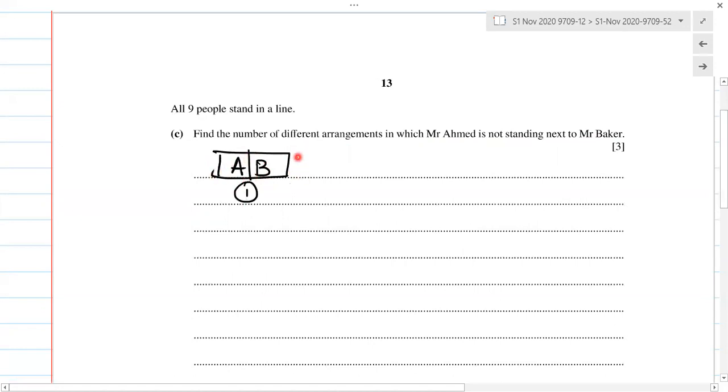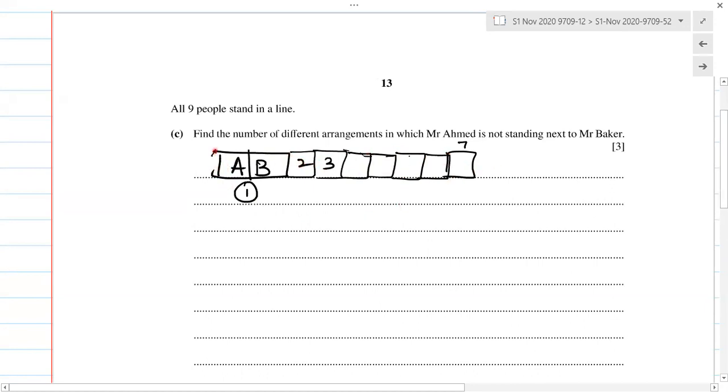So that's 1. Now, how many people do we have? We have 9. So these are 2 people, and we have 7 more. That's 1, 2, 3, 4, 5, 6, 7, 8, and 9, the total number of 9 people we have.